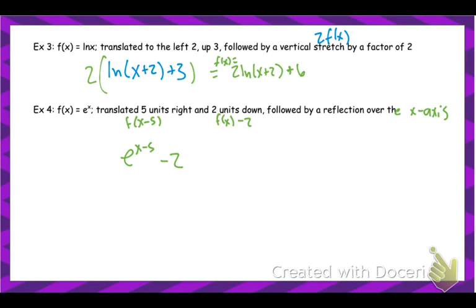So reflection over the x-axis. Reflection over the x is negative f of x, so take the function we have and make that function negative. So this is going to be negative e to the x minus 5, plus 2. Again, just pay attention to the order, and make sure you know what transformations you're applying. All right, so that is it for your log graphs and inverses.